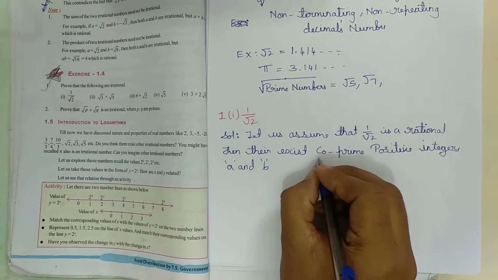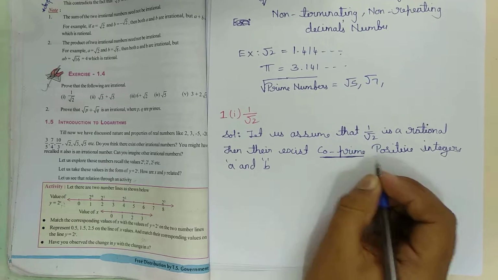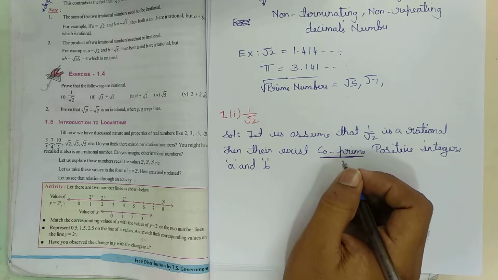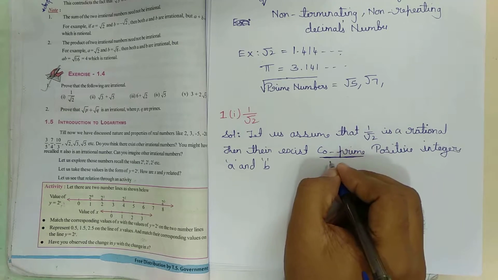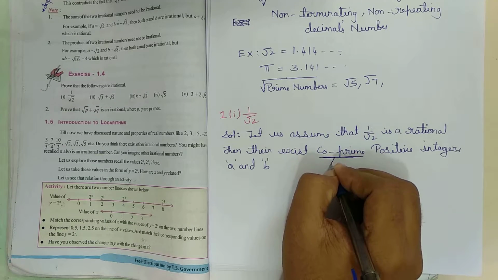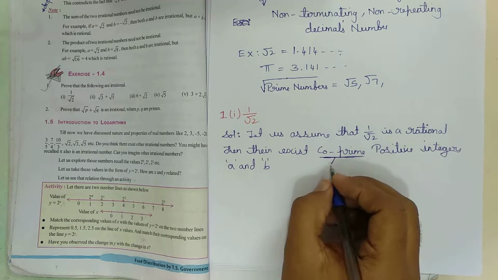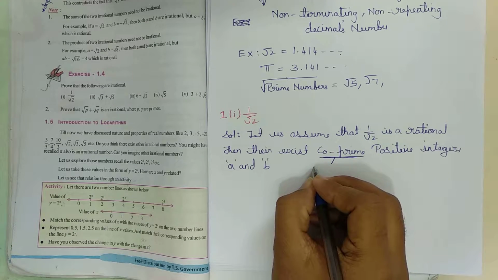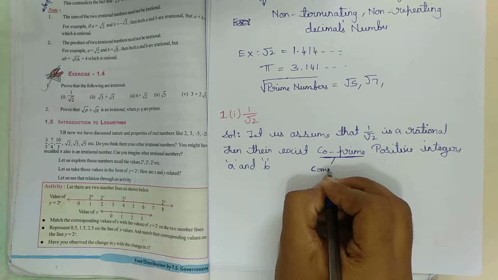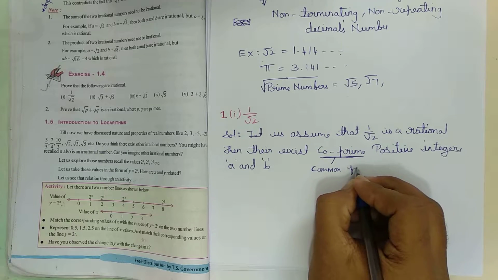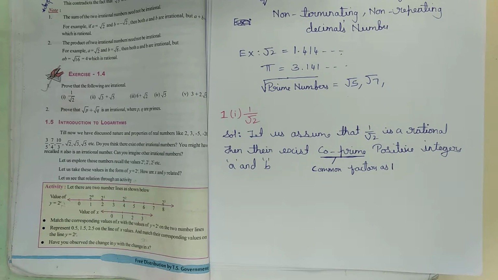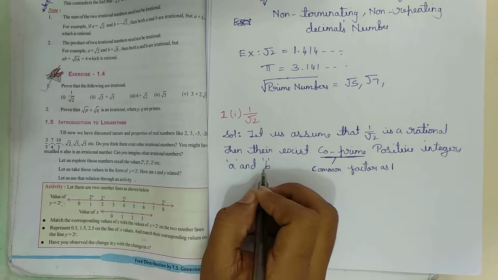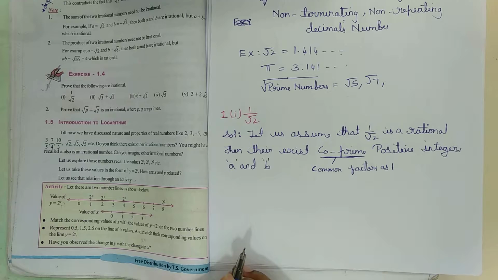What is co-prime? Co-prime numbers are numbers which have only 1 as a common factor. So a and b are co-prime positive integers.